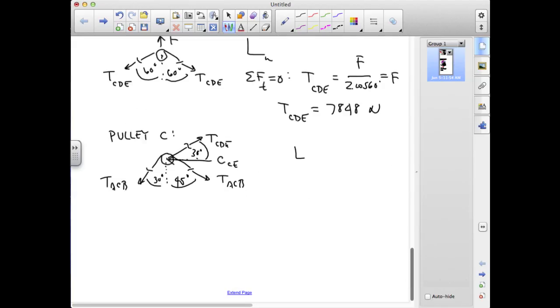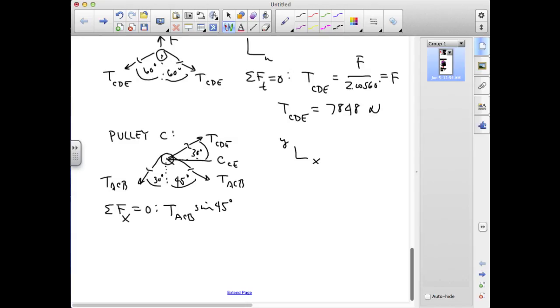I'll use an XY coordinate system. In the X direction, we have the tension in ACB times the sine of 45 degrees. And again, make a note here that I've got one angle defined off the horizontal and two off the vertical, so my use of sines and cosines depends on how those angles are defined.